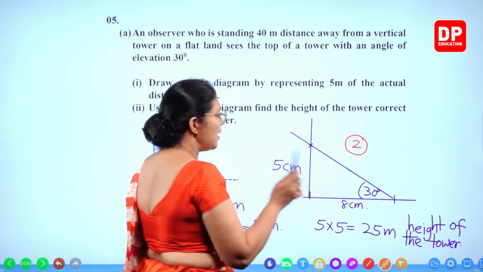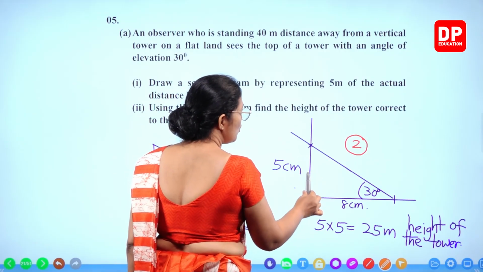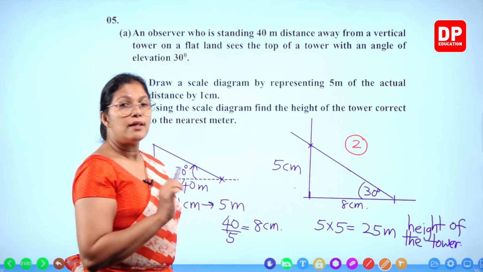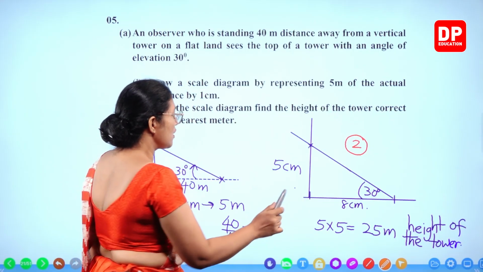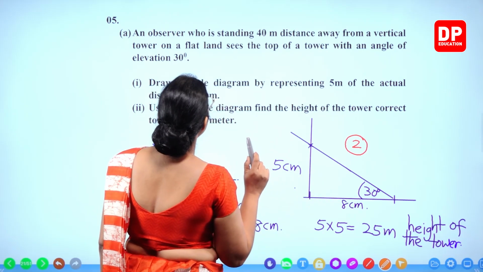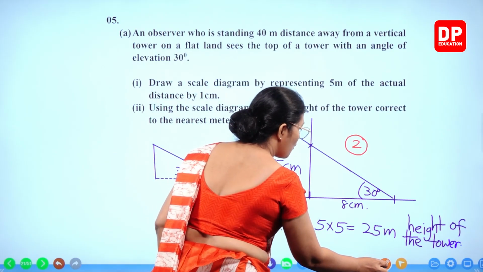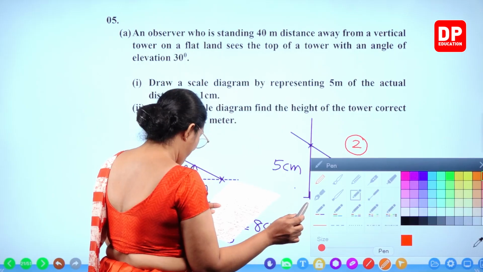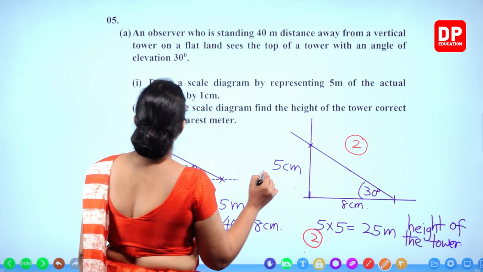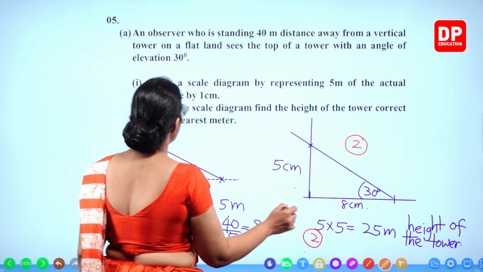So that's 25. It depends on your diagram. Make sure that you multiply the value you are getting by 5 to get the actual value. So I'm getting 5 centimeter for this height and with this 30-degree angle. So for that I'm getting 2 marks. This is correct to nearest meter. So 4 marks for that question.